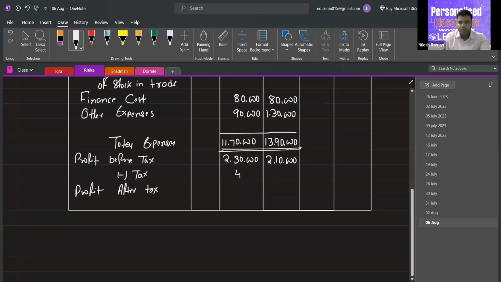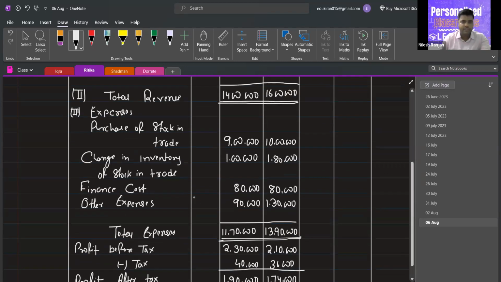And 40,000, 36,000 is tax. And in the last, 1,90,000 is profit after tax. And here it is 1,74,000. So this is our statement of profit and loss.